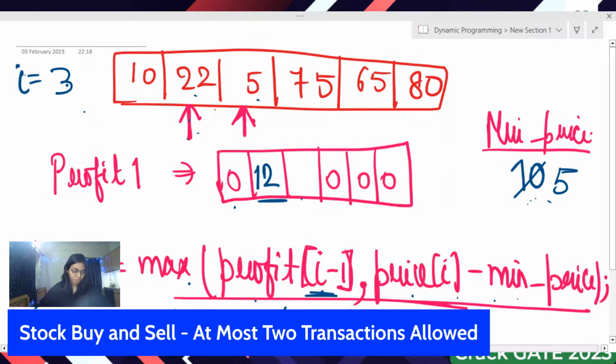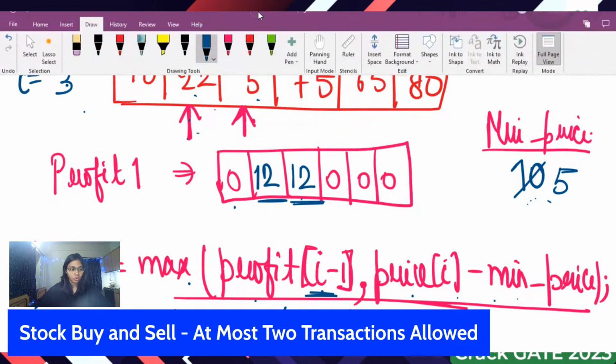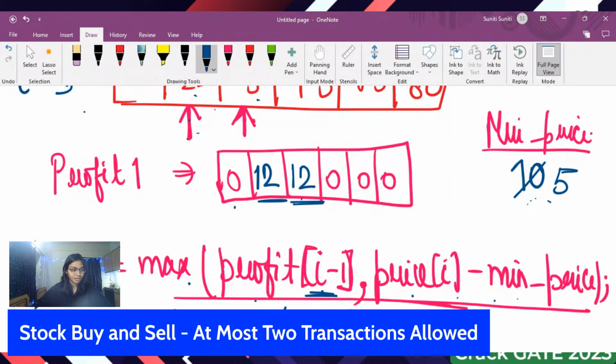It will come out to be 12, so here we are going to fill 12. This iteration is completed. Thanks Abhi and Subhadeep for the right answer.